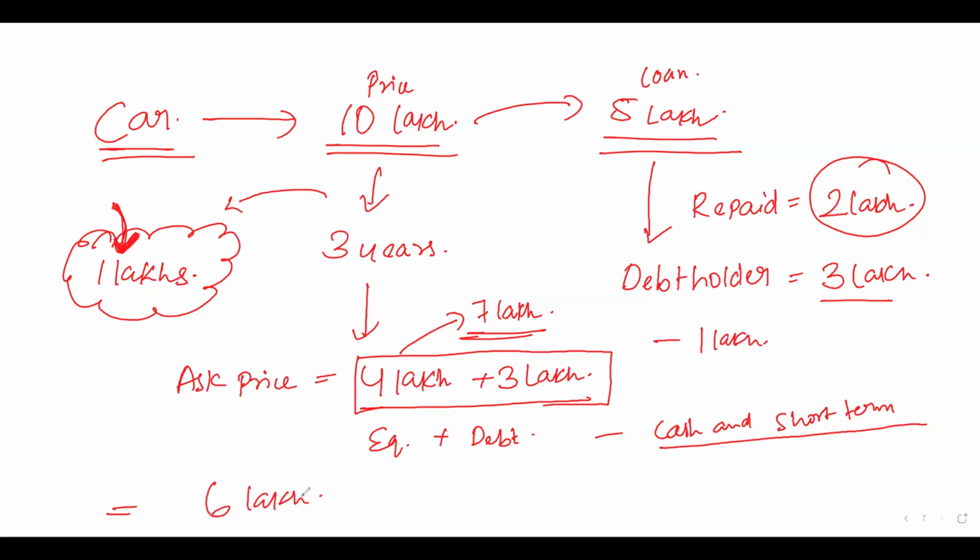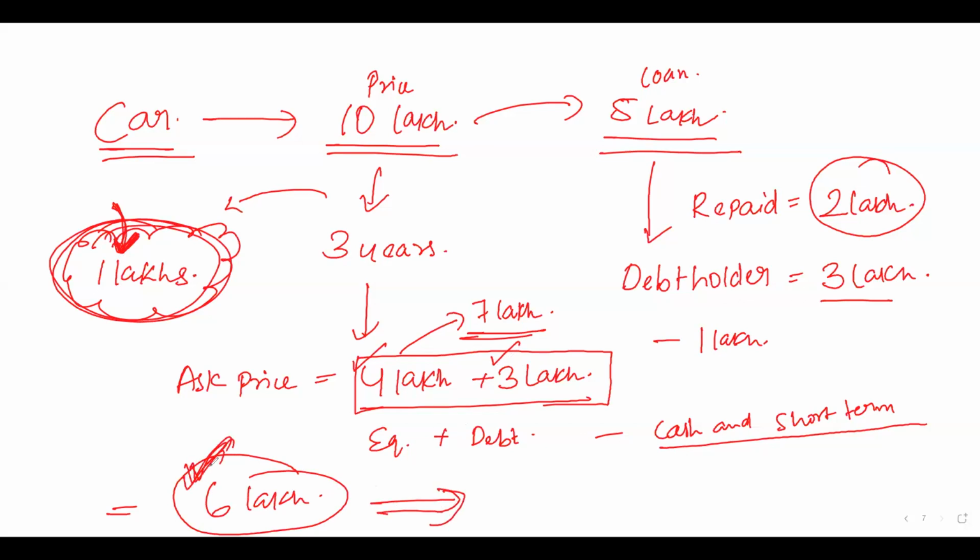Why 6 lakh rupees? Because 4 lakh rupees is to be paid to debt holders, 3 lakh rupees is to be paid to equity holders, but 1 lakh rupees of assets you can sell immediately out of that car, and making the financial arrangement for you would only be a demand of 6 lakh rupees. Only 6 lakh rupees you will need to be the owner of that car, because you can immediately sell off assets worth 1 lakh.